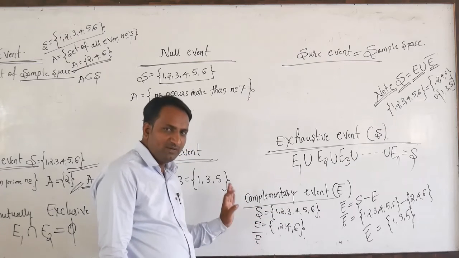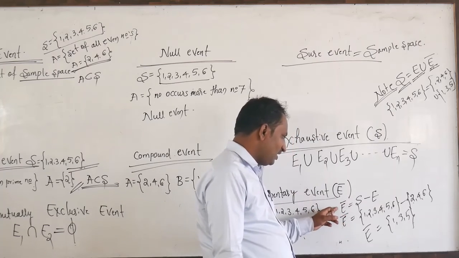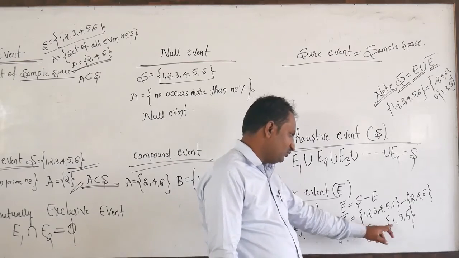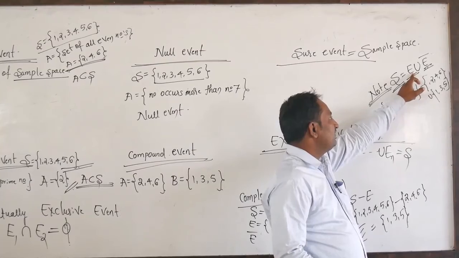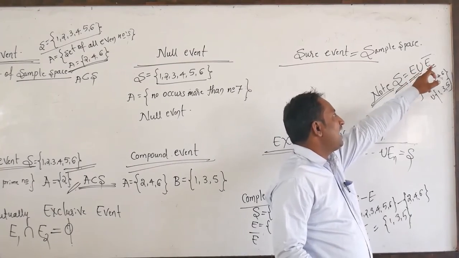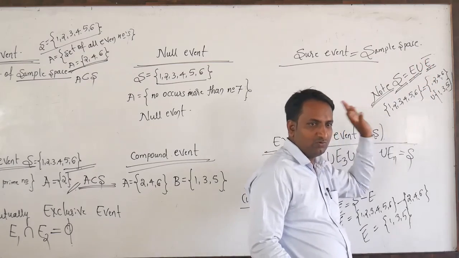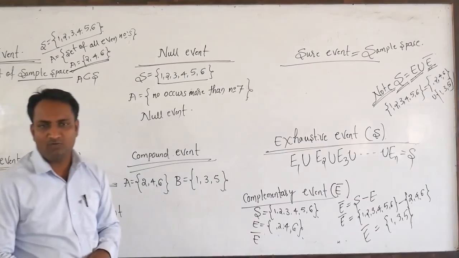The complementary event E bar is equal to S minus E, which gives 1, 3, 5. Here E union E bar is equal to the sample space. This is the basic concept of event.